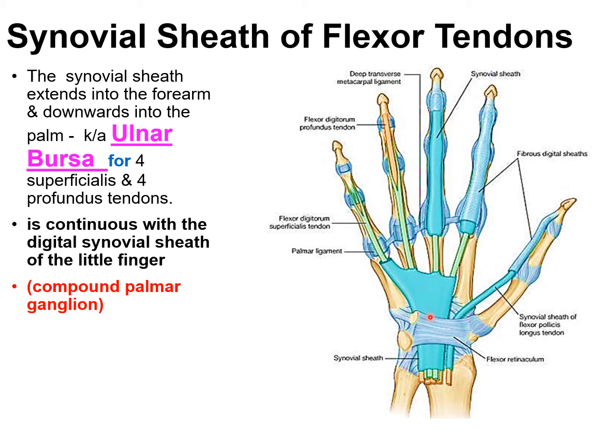So the infection of ulnar bursa is usually secondary to the infection of little finger. And in turn, this may spread to the forearm space of Parona, resulting in an hourglass swelling known as the compound palmar ganglion. So, the ulnar bursa invaginates all the tendons of flexor digitorum superficialis and flexor digitorum profundus.